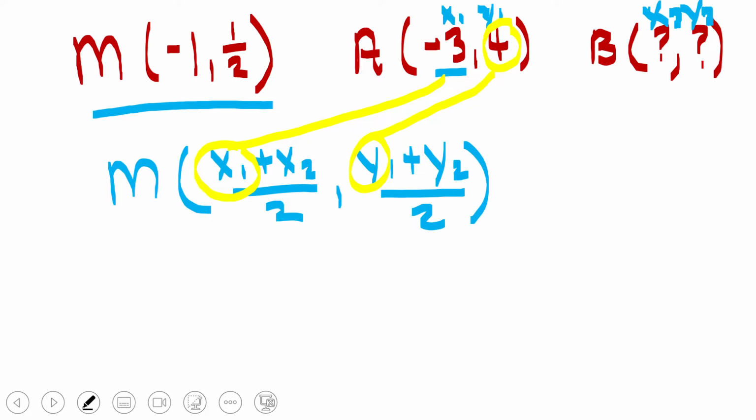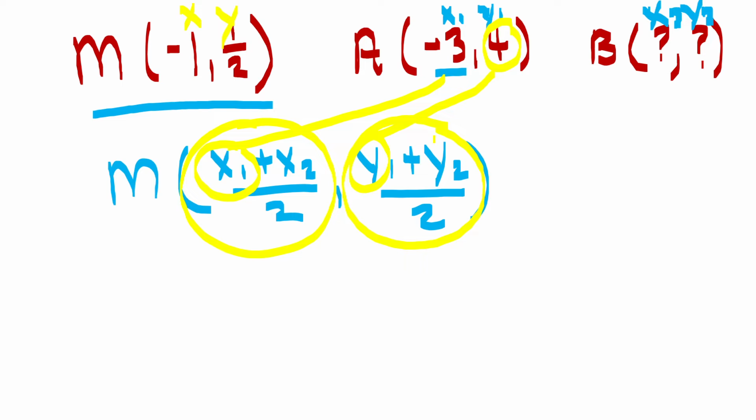For the x value in the midpoint, -1 is the answer for this part of the formula. And for the y value in the midpoint, the answer for the y midpoint formula. So thinking all of that through, let's start some substitution.